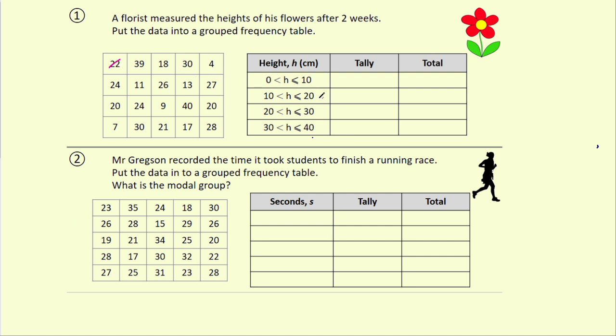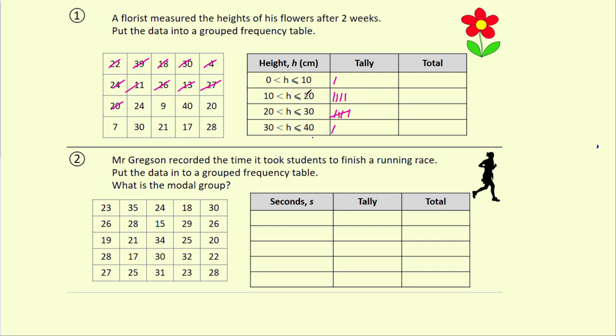So making sure then that when you're putting this data in, you're putting it into the correct section. So 18 is in the 10 to 20, and the 30 is the first one that you need to consider. That is in the less than or equal to 30, okay? 24, 11, 13, 27, 20.